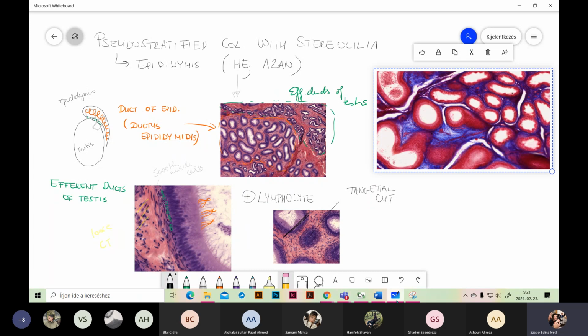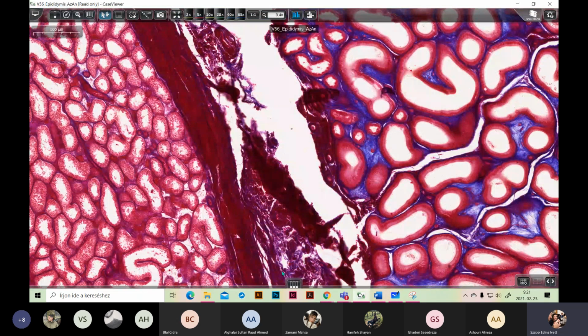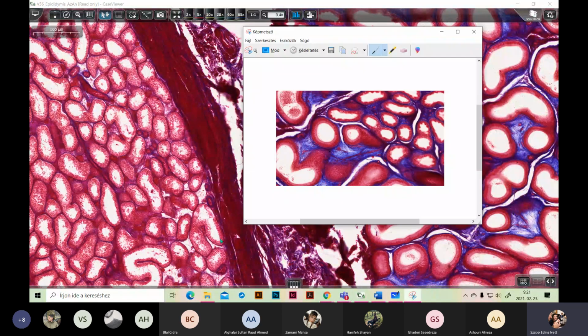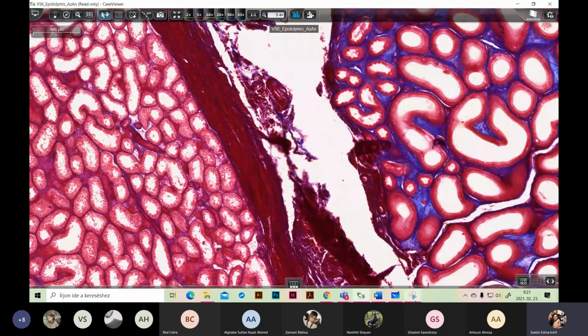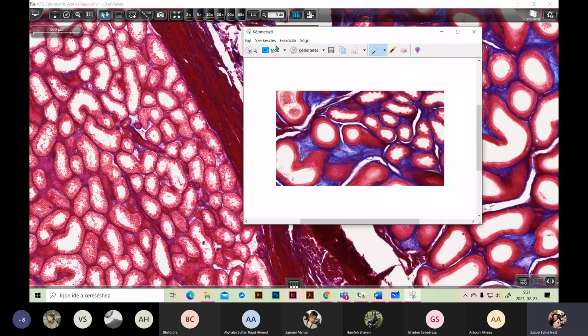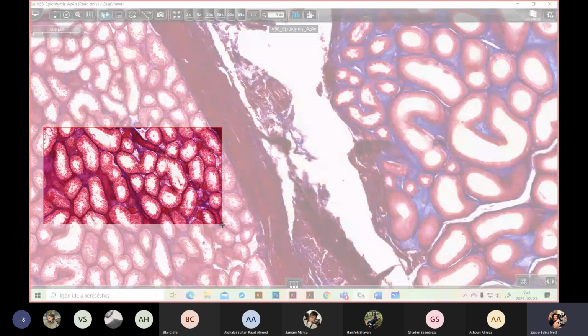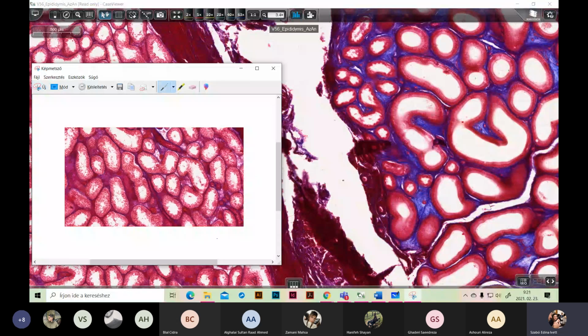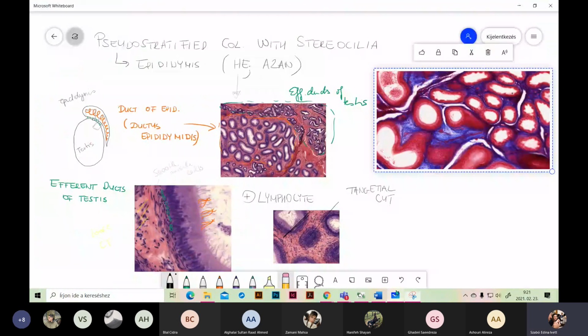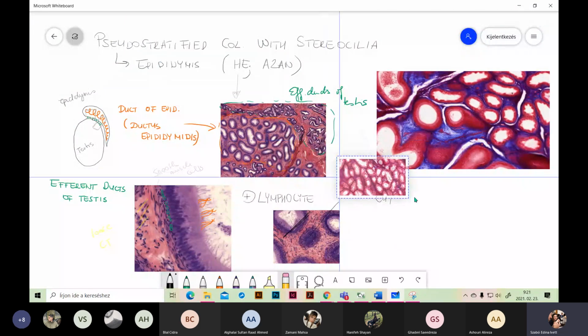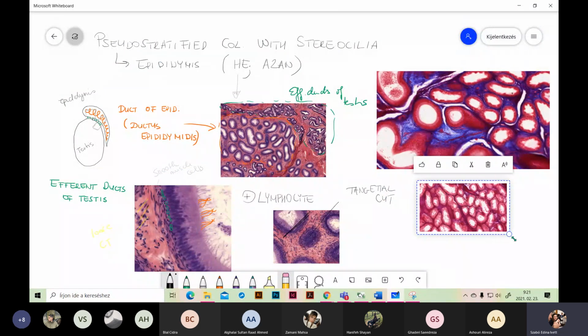And in case of this slide, you can see a small part of testis, which is visible here. And testis tubules, they have special stratified epithelia, which contains the immature. Okay. And here it's a testis.